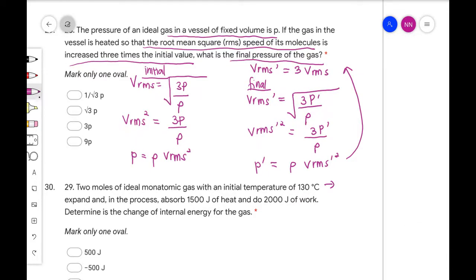So this one becomes pressure prime equals rho times 3 V rms squared. Okay, so simplify this one. So it becomes 9 rho V rms squared.